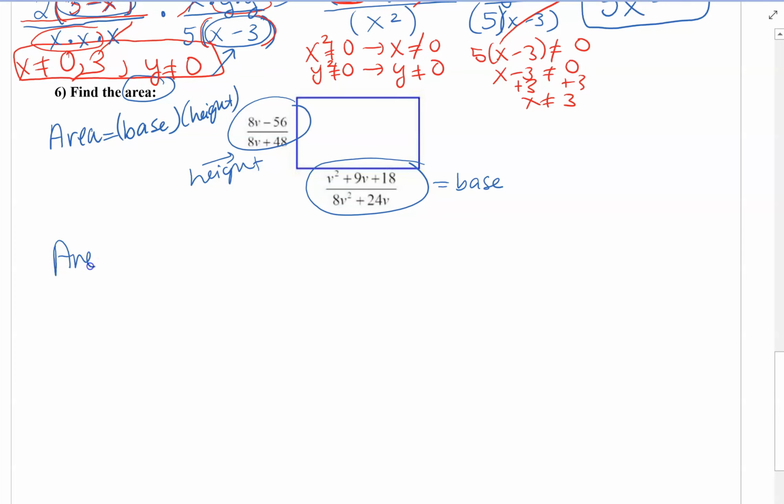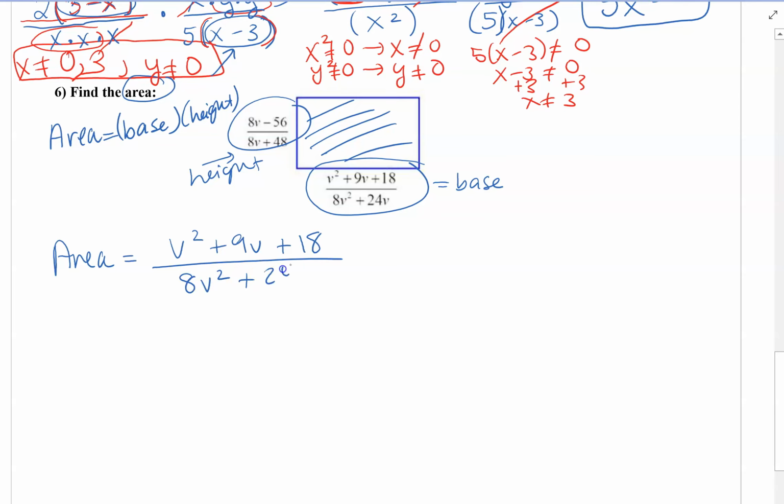So if I want to find the area of this rectangle, given that base and height, I basically need to multiply these rational expressions together. But we've learned some tricks of the trade today for multiplying rational expressions. So why don't you go ahead and try this one? Go ahead and get the simplified answer first, and then we'll look for restrictions.